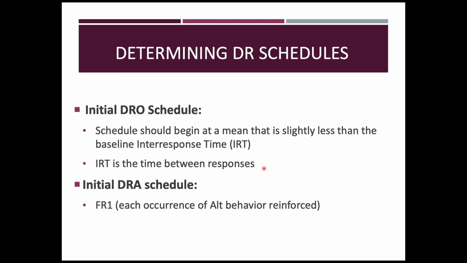After some period of time, we can maybe go to an FI 1 minute, maybe even an FI 5 minutes, maybe even a VI 10 minutes, right? So moving from a dense schedule to what we call a lean schedule, and then one that is manageable in the natural environment.